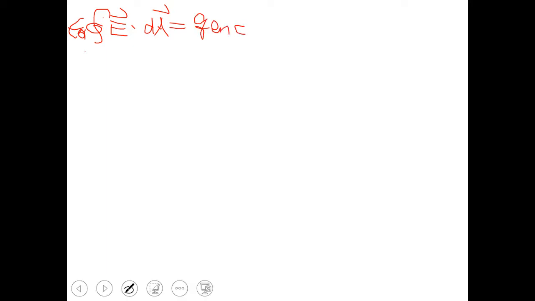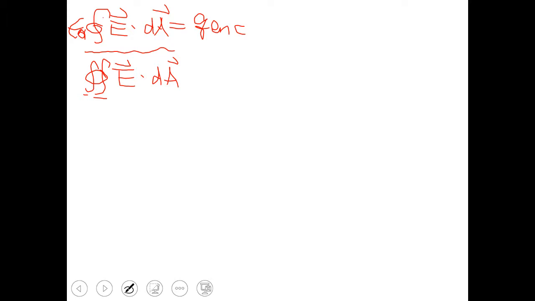This is what we call the surface integral. In math books, more specifically, it is written like this, because it is actually a double integral, so you have two integral signs to specify this is a double integral.